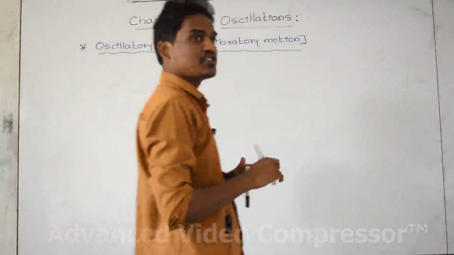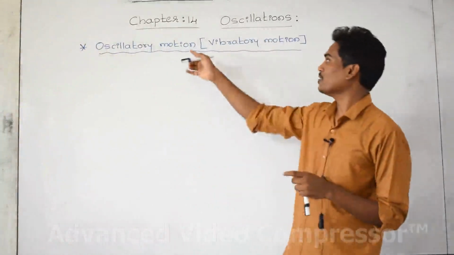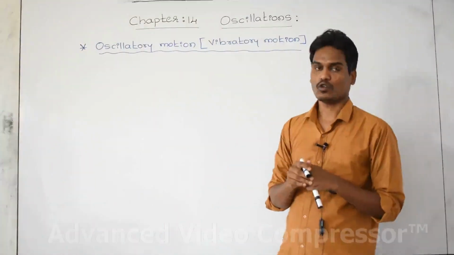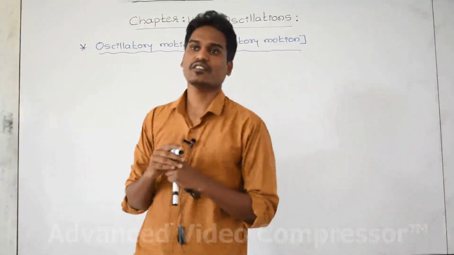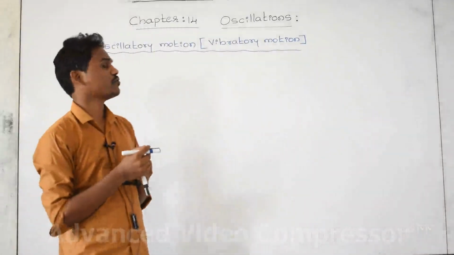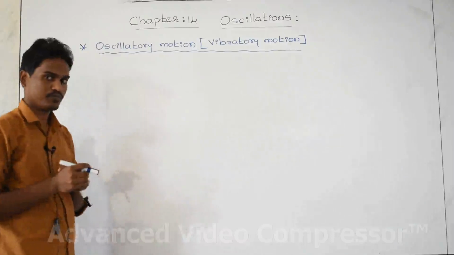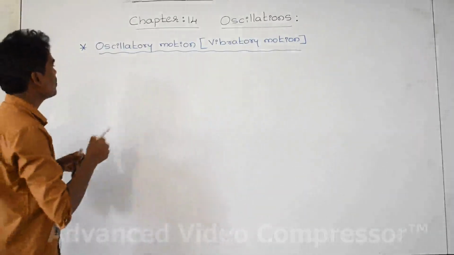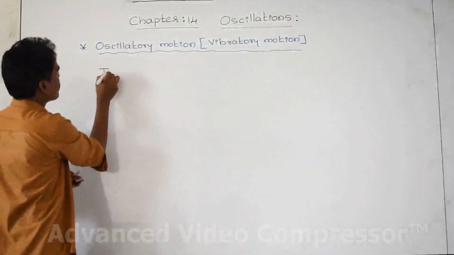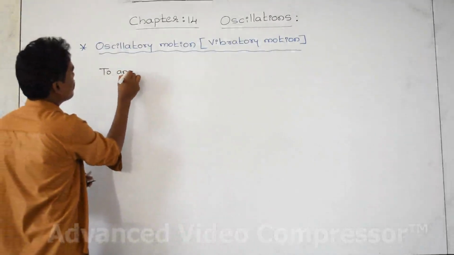Next concept, that is the oscillatory motion or vibratory motion. Both are the same. Sometimes you hear the word vibratory motion or sometimes oscillatory motion. Both are the same. And first we'll see the definition. What do you mean by oscillatory motion?